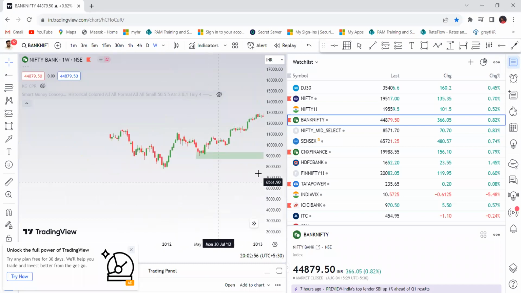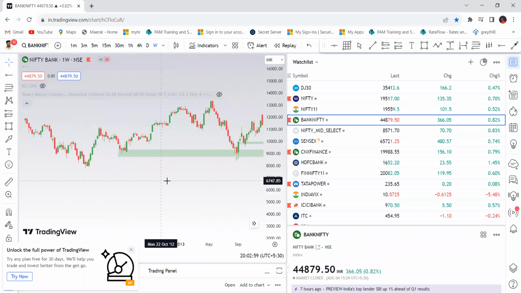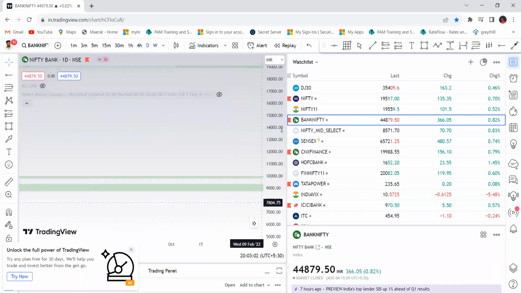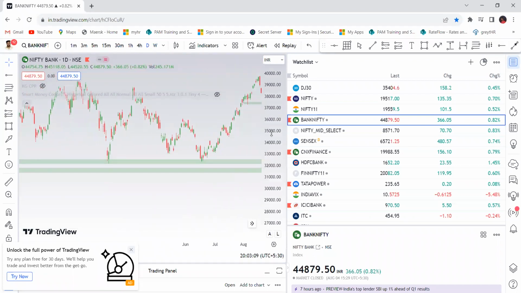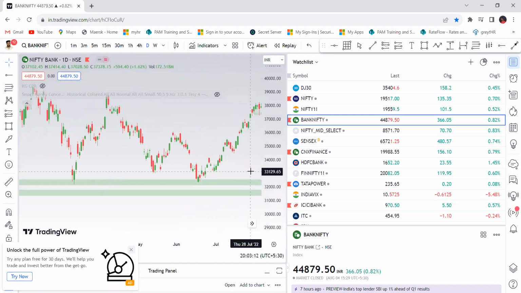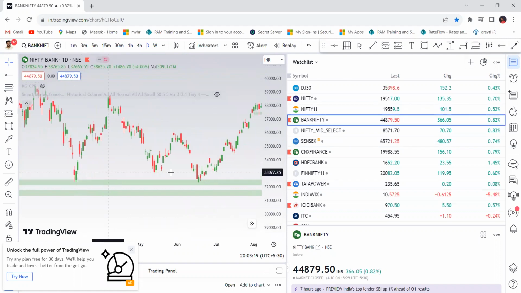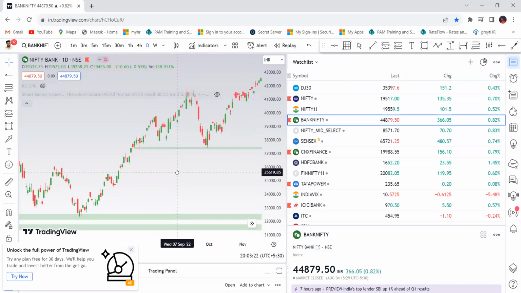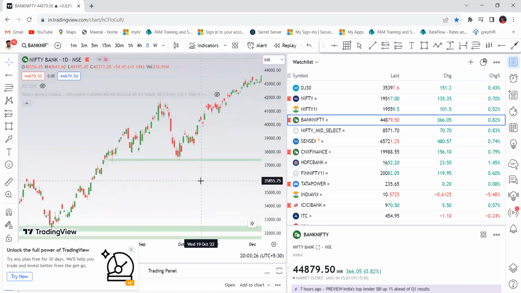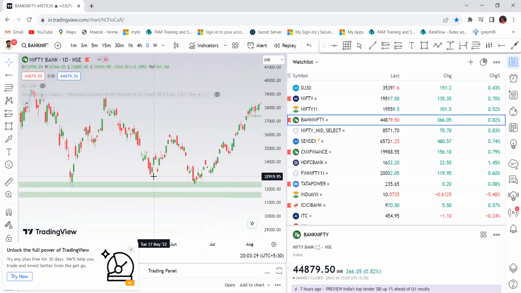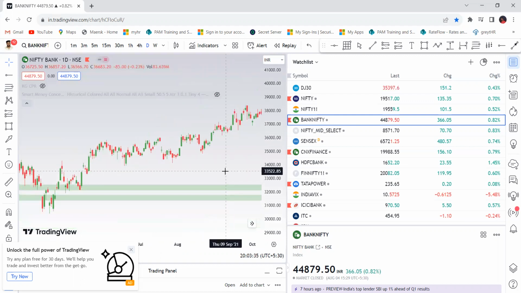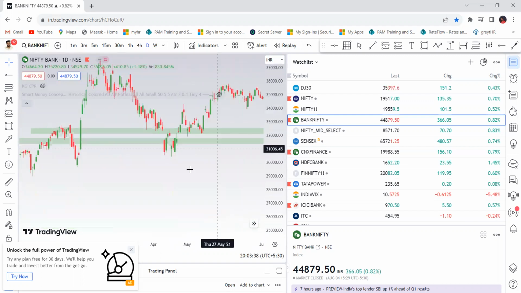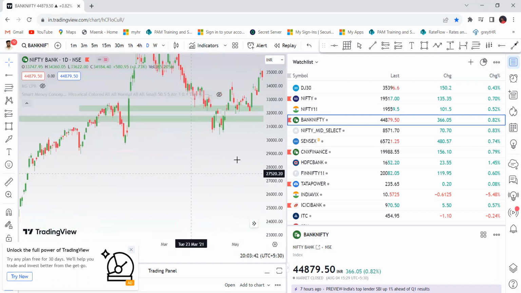Where is that guy? Let's check in the day time frame. It's really hard to find that type of candlestick pattern.